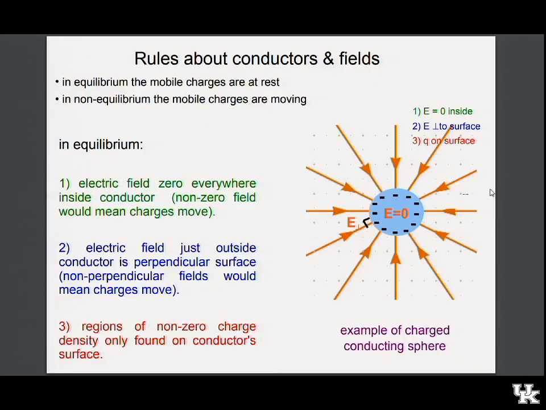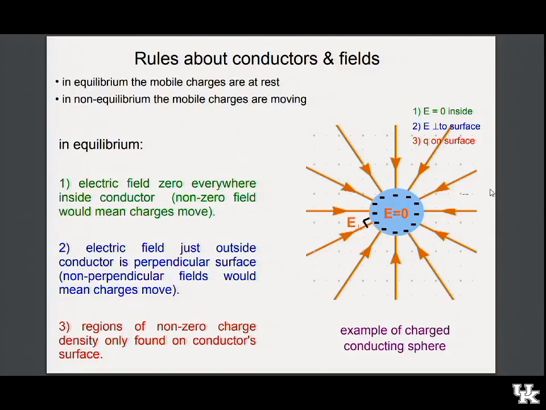When a conductor is in what we call non-equilibrium, that means there's an electrical field inside the conductor that's causing the charges to flow around. They're rearranging themselves. When the conductor reaches what we call equilibrium, that's when there's no electrical field inside the conductor. They've rearranged themselves to cancel out the electrical field.